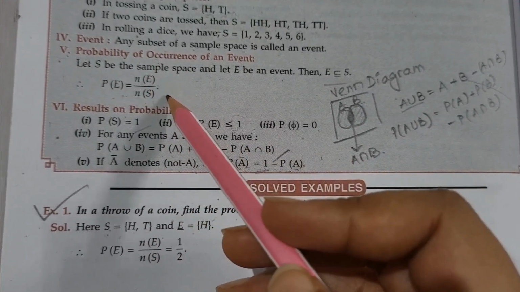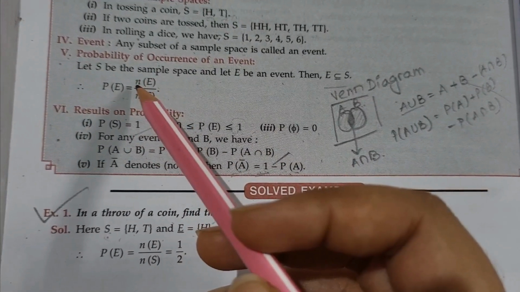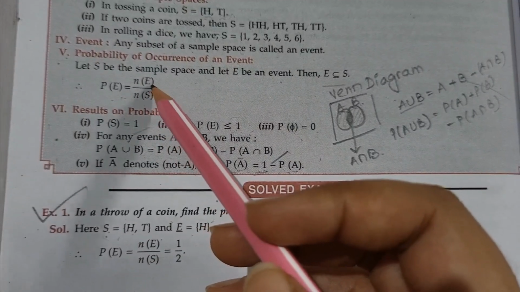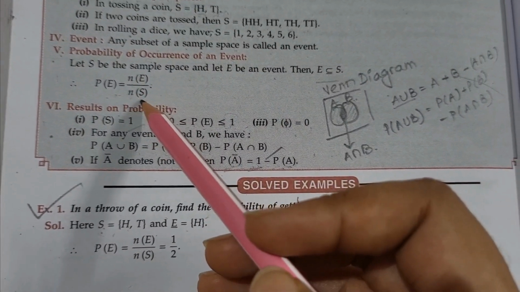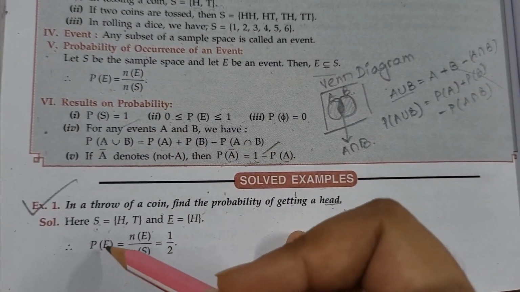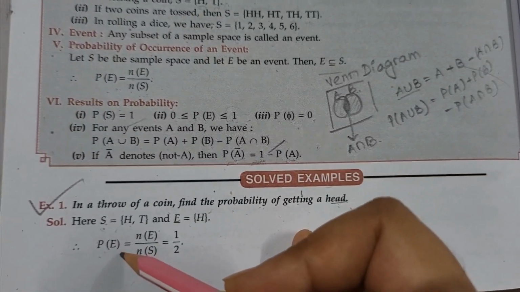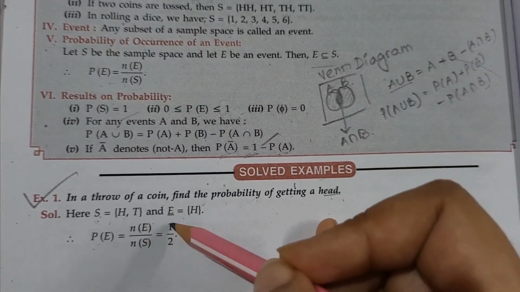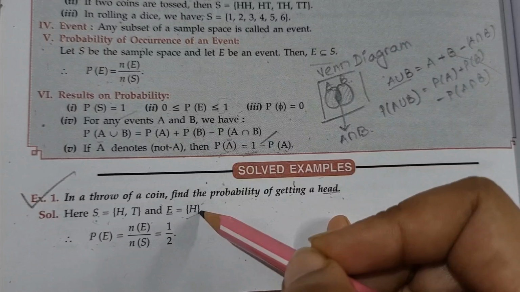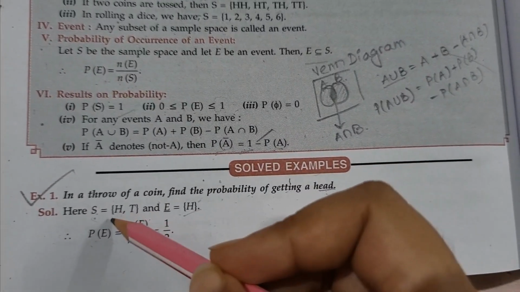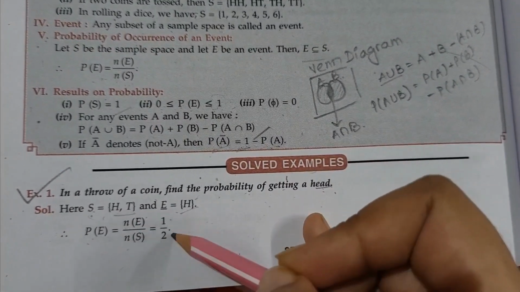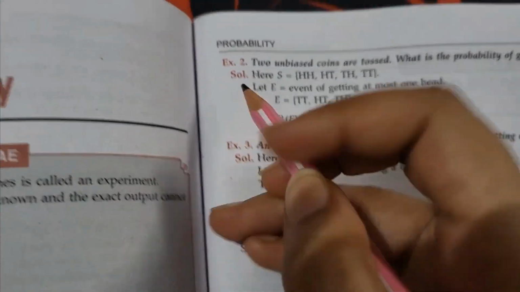So from this formula, it is the number of elements in E by the number of elements in S. So probability of E is equal to the number of elements in E. What are the number of elements here? 1. Number of elements in S is equal to 2. So half. Done.